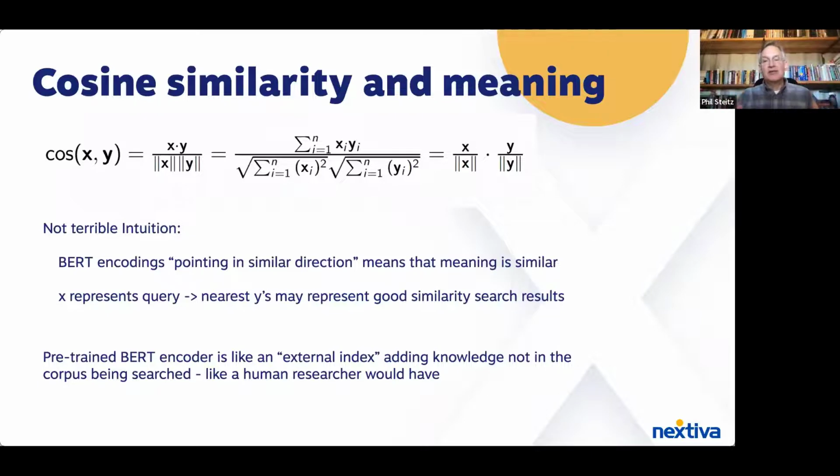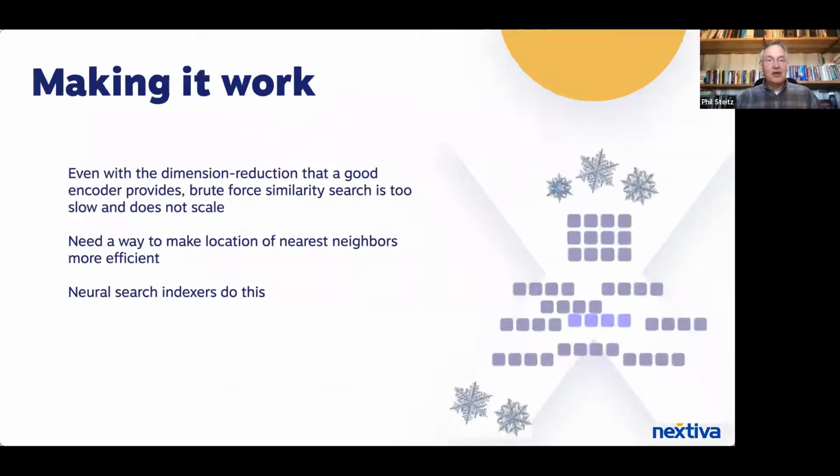In AI we are often guilty of anthropomorphizing things and oversimplifying, and this is a slight oversimplification, but I don't think the intuition is bad. It's a decent intuition to walk around with in terms of how the encodings bring value, reduce dimensionality, and help you end up with a better search.